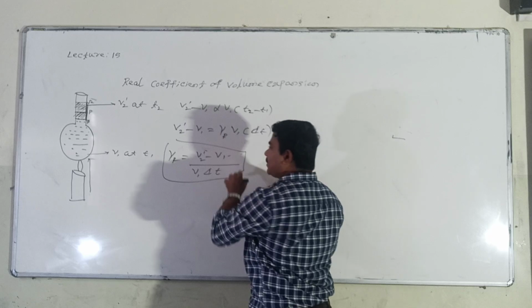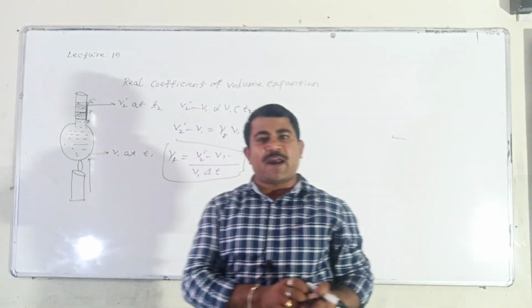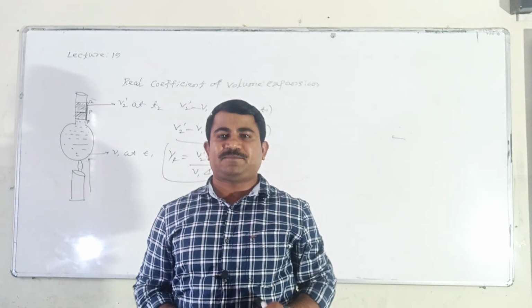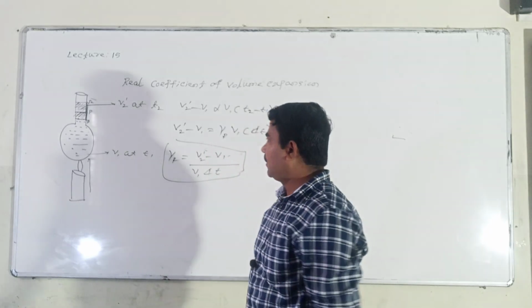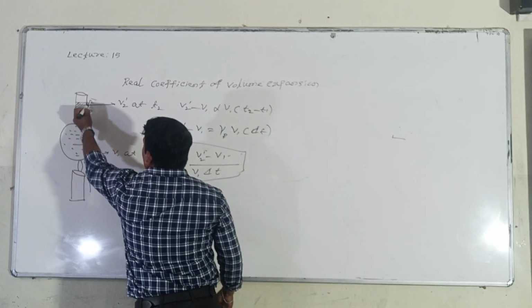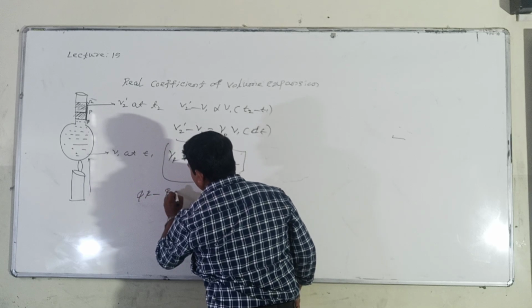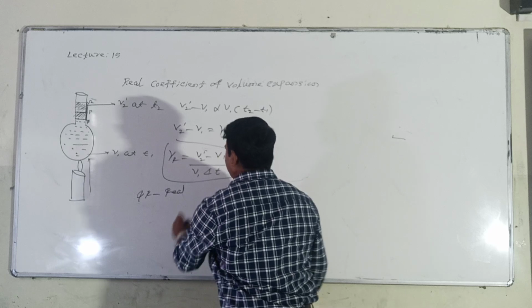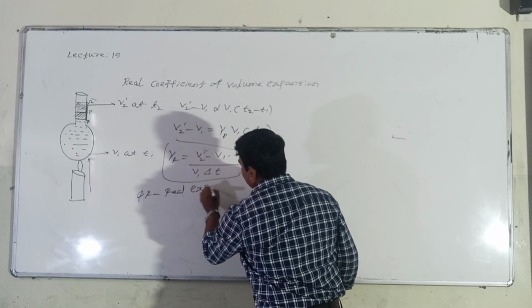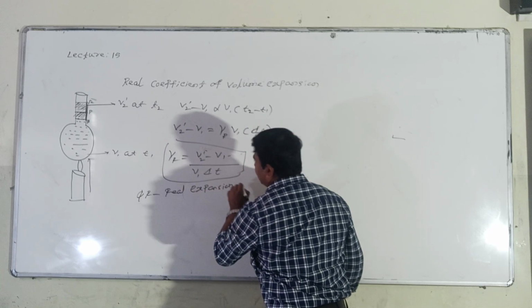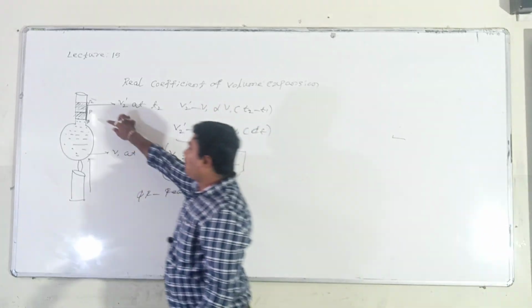But there is a relation between real expansion and apparent expansion. Shall I take here? This value QR, what is QR? Real expansion. What is QP?